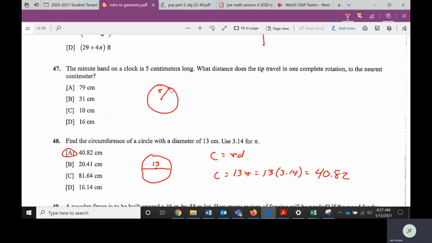But that's what they're looking for when they say, what distance does the tip travel? So I guess it doesn't even matter if it's at the edge. They just want to know when it follows its circle, when this moves around, how far did it travel? Let's say there was a pencil lead on the end of this, and as it went slowly, it would take an hour to get around. As it goes around, it draws a line, and it would say, what's that distance?